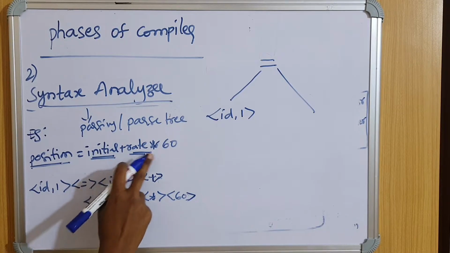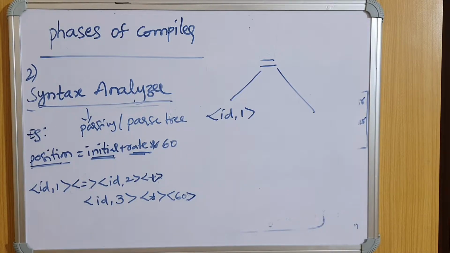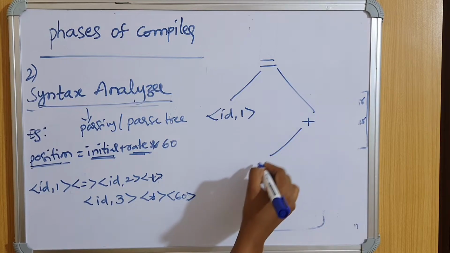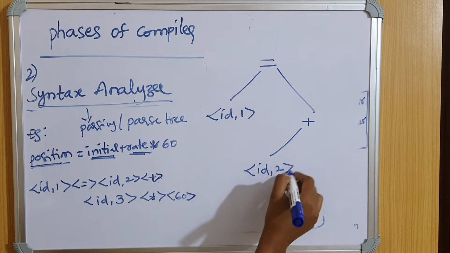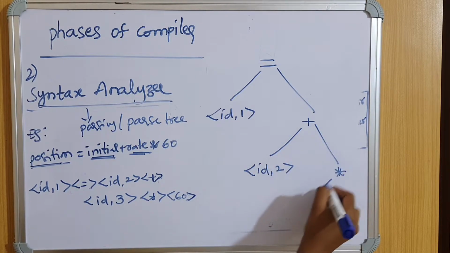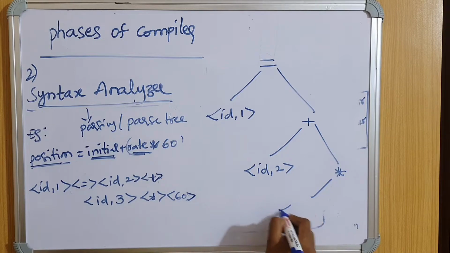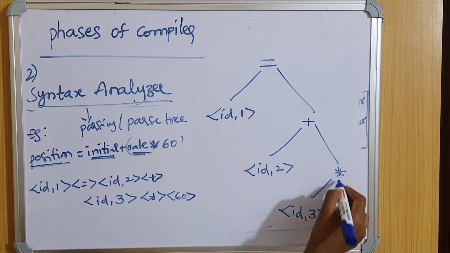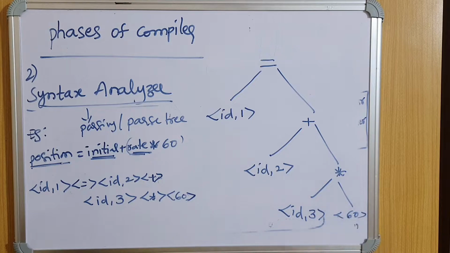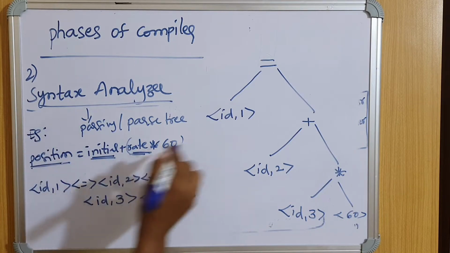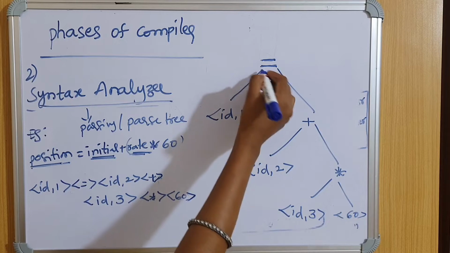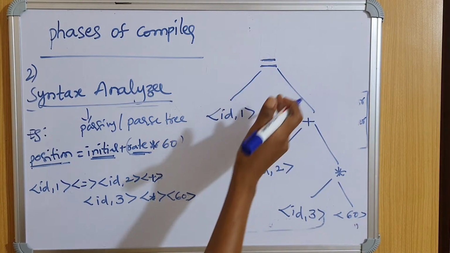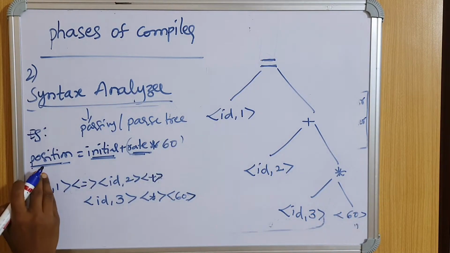Initial plus rate into 60. So the addition operator, initial we can represent as ID2, then multiplication between identifier 3 and 60. So the output of the syntax analyzer is: this is the equal assignment operator, and this whole value will be stored in identifier 1, that is position.